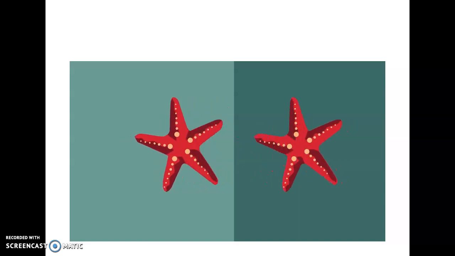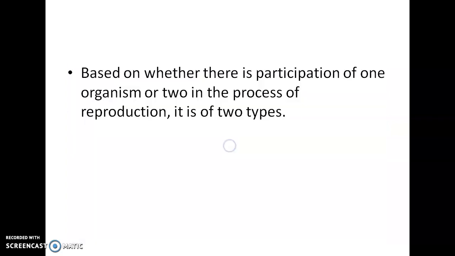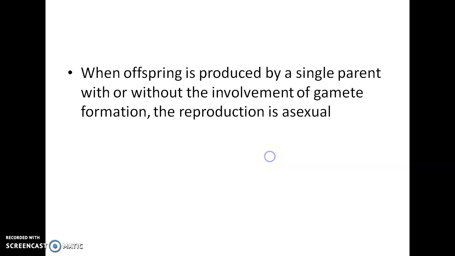The organism's habitat, its internal physiology and several other factors are collectively responsible for its reproduction. Based on whether there is participation of one organism or two in the process of reproduction, it is of 2 types. What are the 2 types? Yes, asexual reproduction and sexual reproduction.